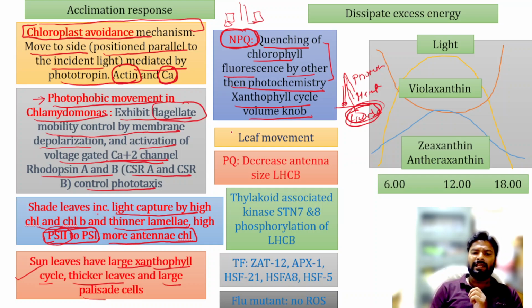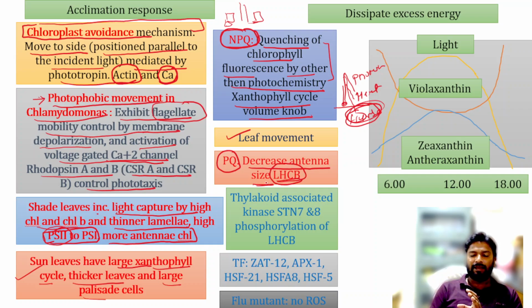Then leaf movement, which we already discussed, diaheliotropic and paraheliotropic, are movements to reduce or increase light absorption. Also there is photochemical quenching, meaning quenching of the excess energy during the photosynthesis process, which means a decrease in the antenna size. LHCII has an important role in this.